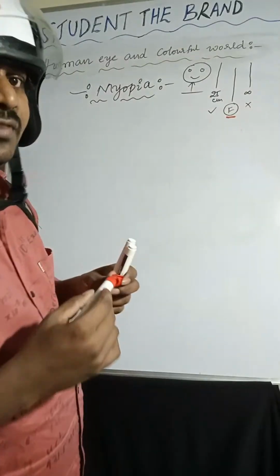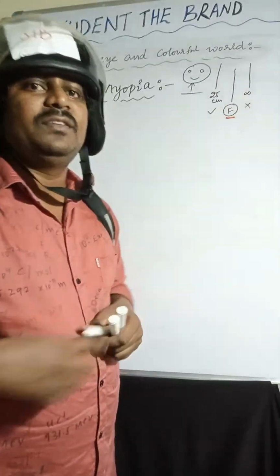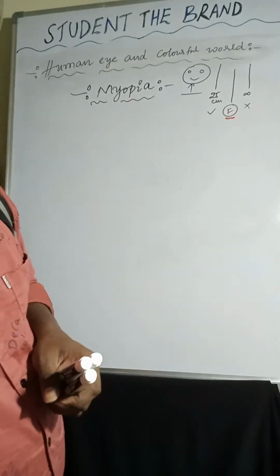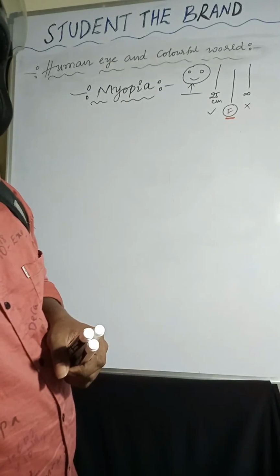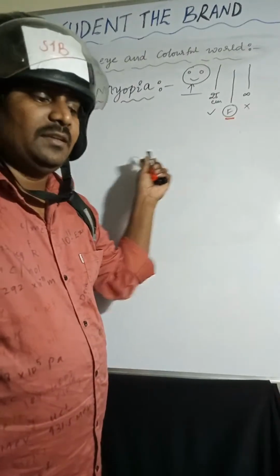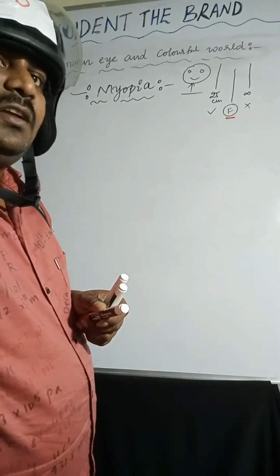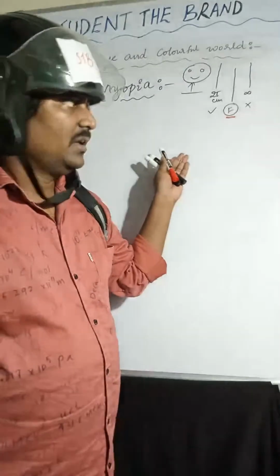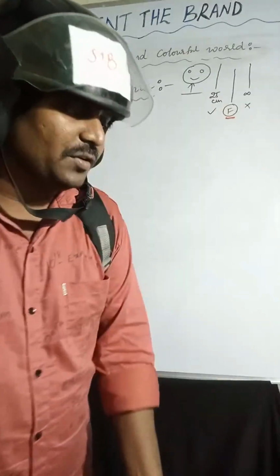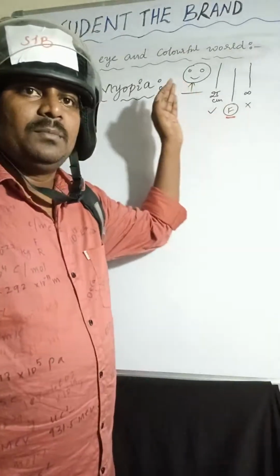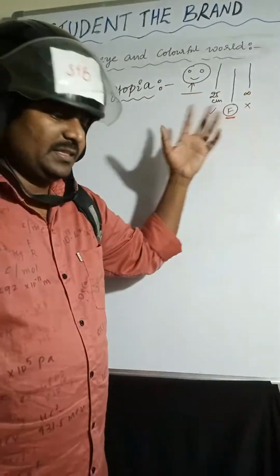It is not the infinity point. So once again, the person can see from the near point, 25 centimeter, but you can't see the infinity point. Between 25 and infinity, you can see.